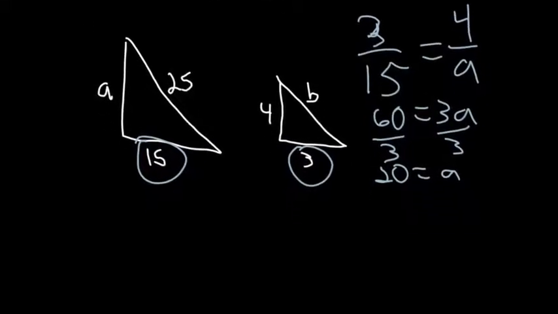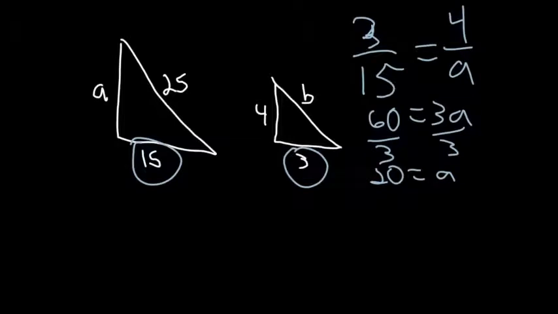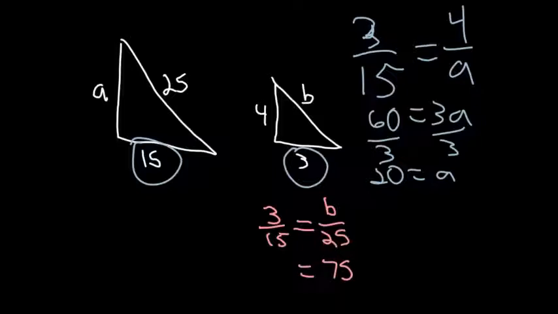Now let's solve for the b. And again, I start with that original ratio I created. 3 out of 15 equals b over 25. So I do 3 times 25 is 75. And 15 times b is 15b.